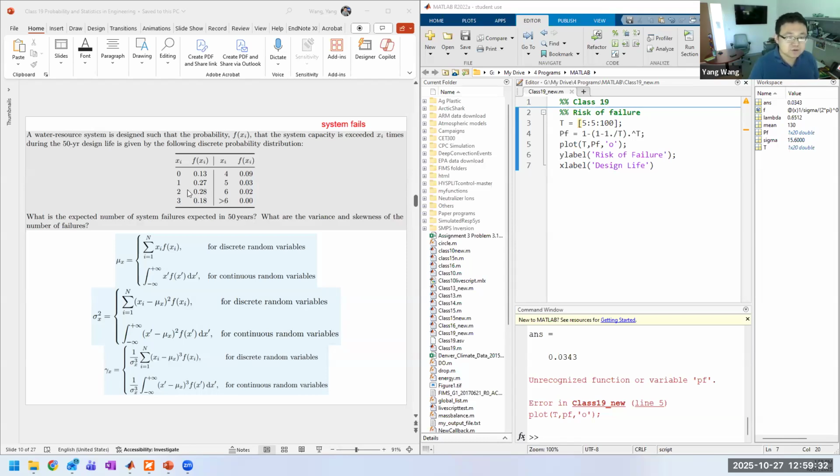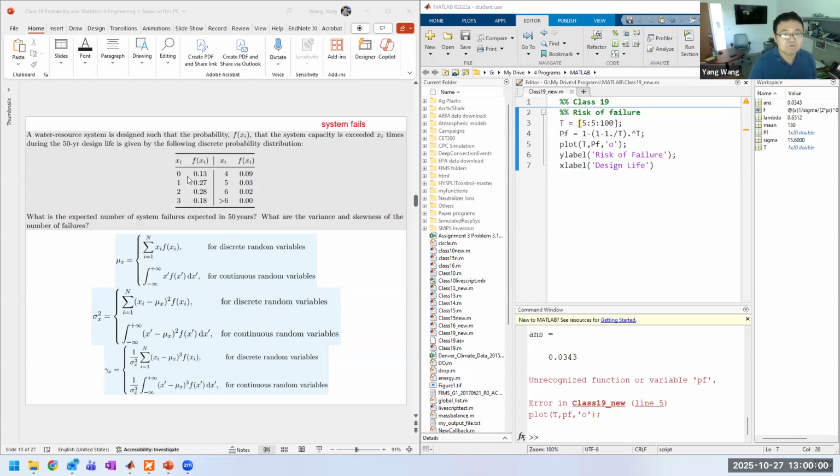If you look at this distribution, you can see that over the 50-year design life, it's more likely to fail between 1 and 2 times. Although 3 times is also a relatively high probability, the probability of failing more than 6 times is 0. It follows this probability distribution. And from here, you can also see that this is a discrete probability distribution, because xi, the number of times, is not continuous.